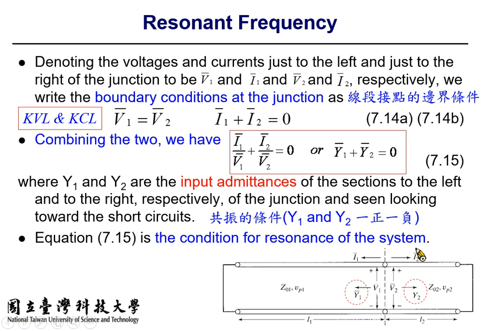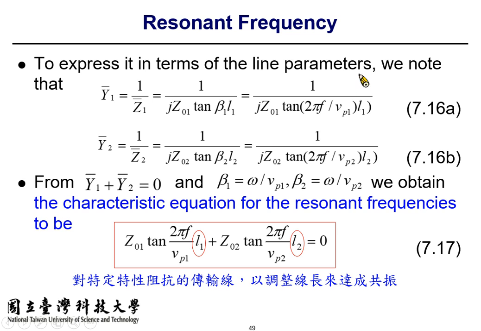So the summation of Y1 and Y2 must equal 0. To satisfy this condition, you need a positive admittance and a negative admittance, which means one of the line admittances is inductive and the other is capacitive. One is positive and the other is negative.